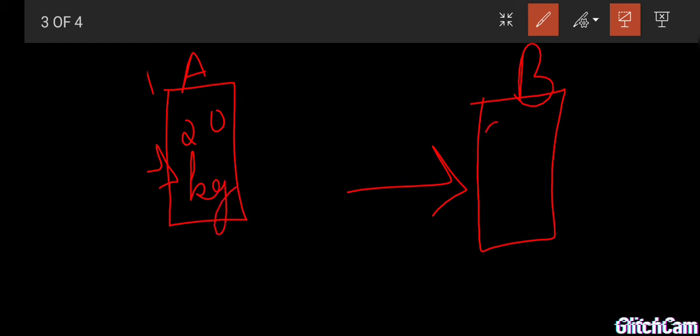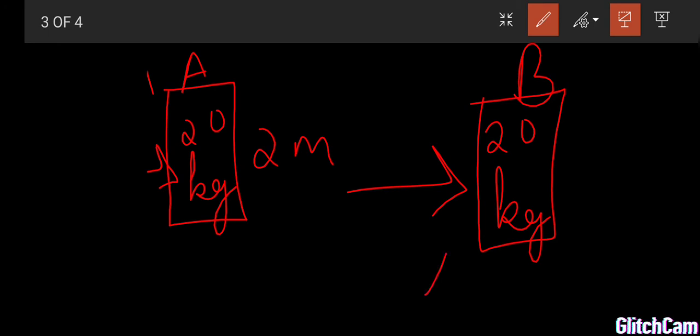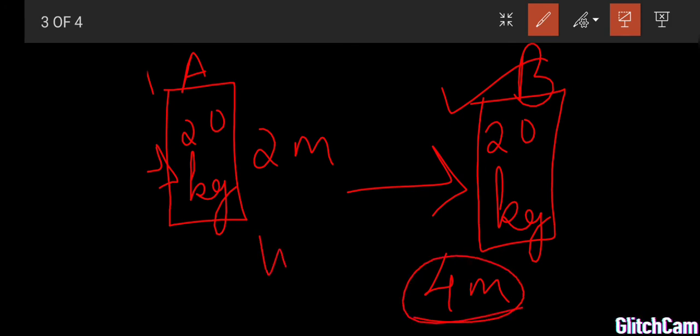By applying a force on the object, cupboard A is moved through a distance of 2 meters, but cupboard B is moved through a distance of 4 meters. From this experiment we know that the work done by B is more because the displacement is more. So W is directly proportional to distance.